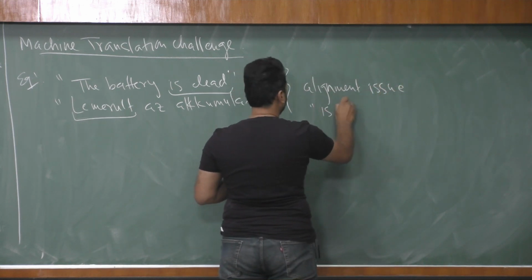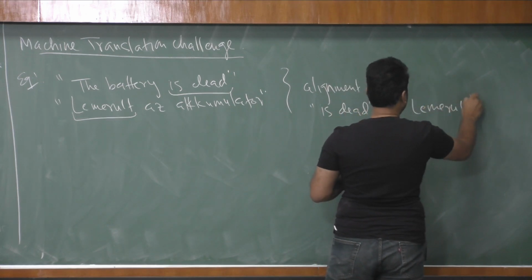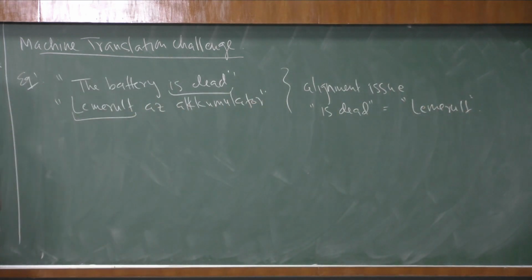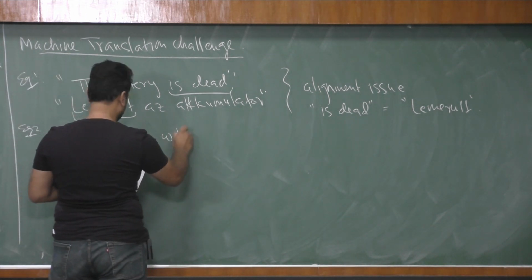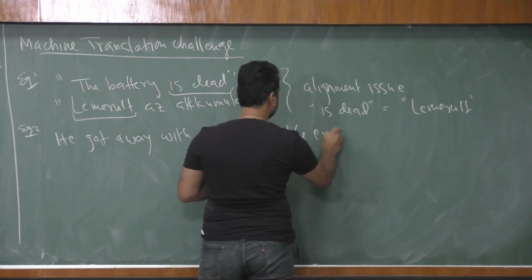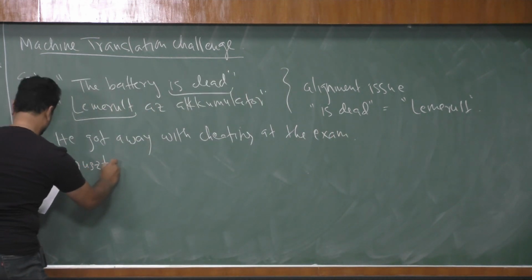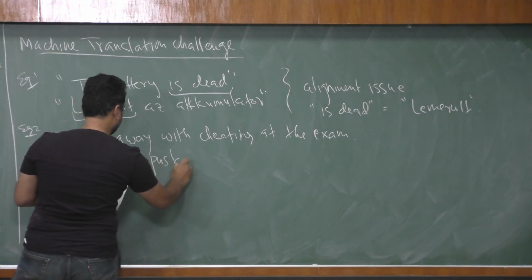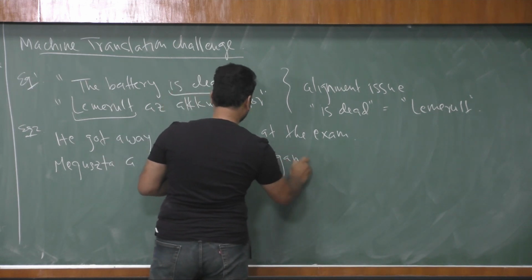So for instance, is dead means... and if I want to create some specific different examples: he got away with cheating at the exam, and then the translated would be... Okay, this is the translated one.